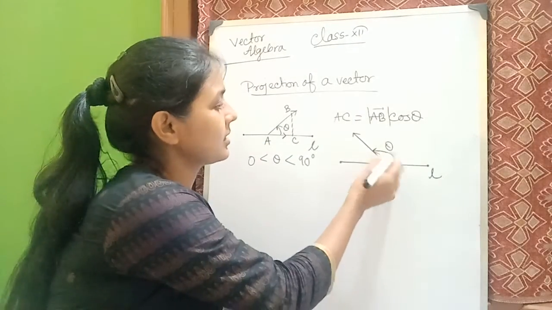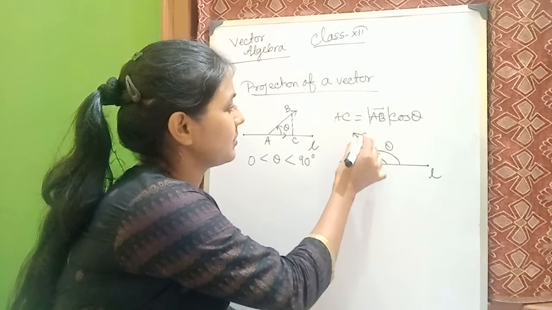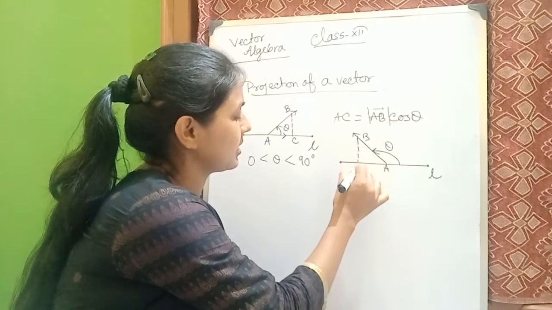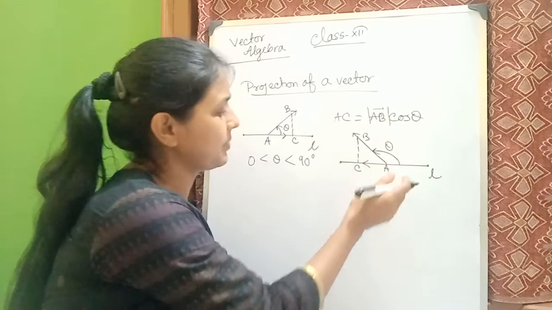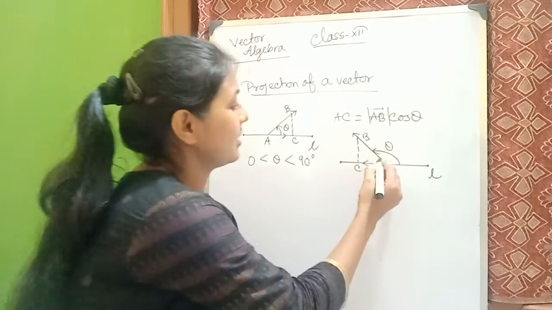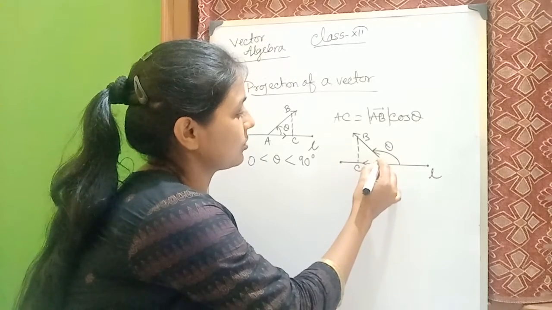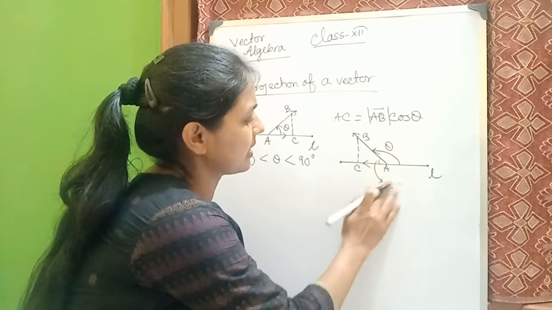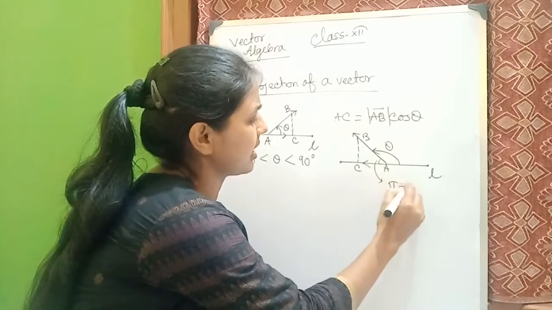This is B, this is A. Again we draw it. This is C, and this side AC will be like this. This one is theta, so this will be 180 degrees minus theta. That means actually pi minus theta, right?